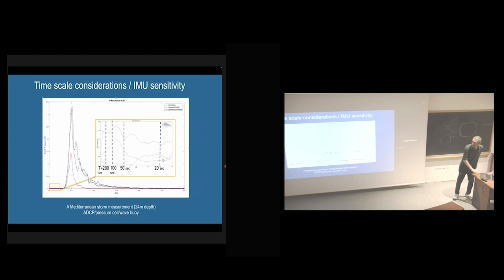IMU or sensitivity scale consideration: you can see that's a buoy, and these two are the acoustic surface tracking and a pressure cell. You see that the buoy is actually decaying after 25-30 seconds, so you don't get much energy, and you see differences between the acoustic and the pressure, which you wouldn't expect.